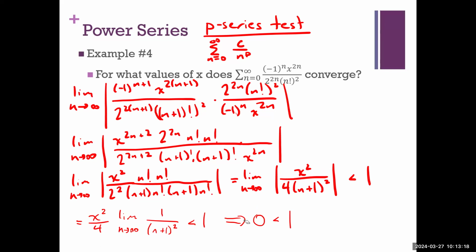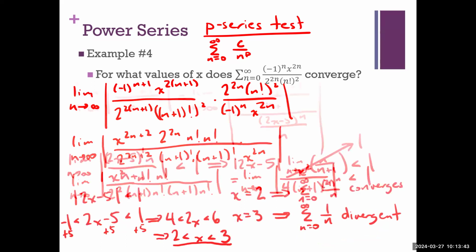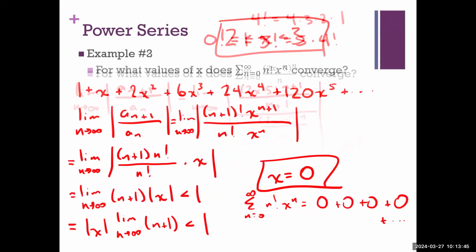So what does that mean about the values of x for which this thing converges? All of them, right? It does not matter what x is, this thing converges. So on what values does this converge? For all x, all real values of x. This is the other extreme from this one here.